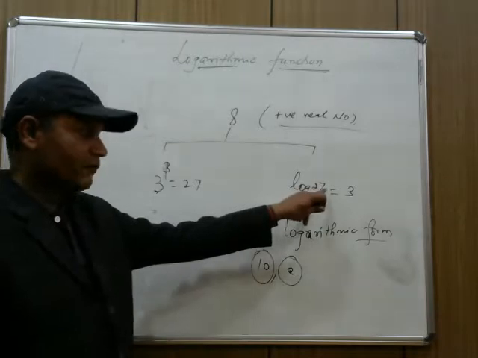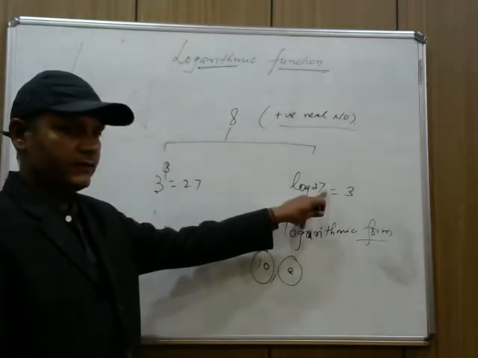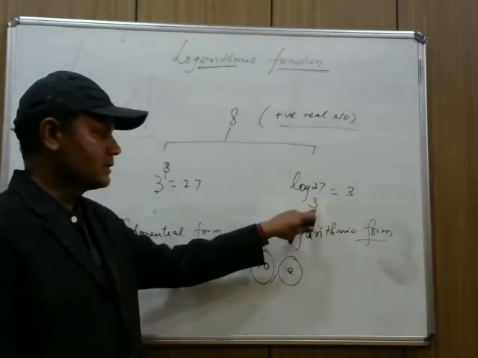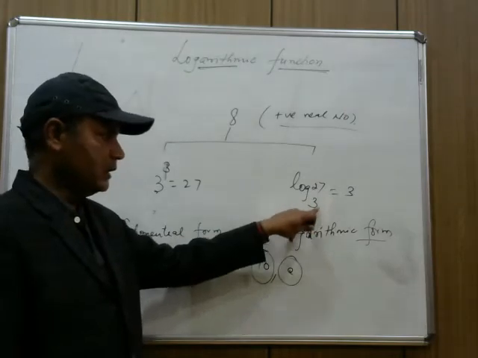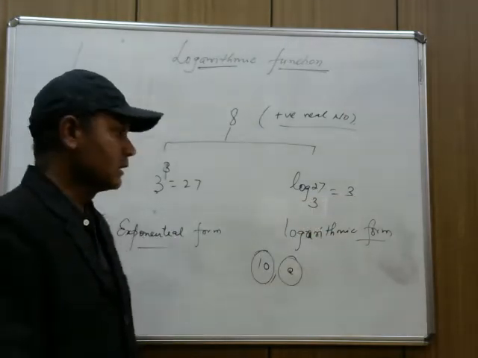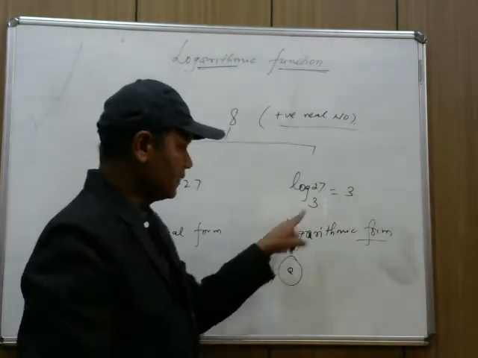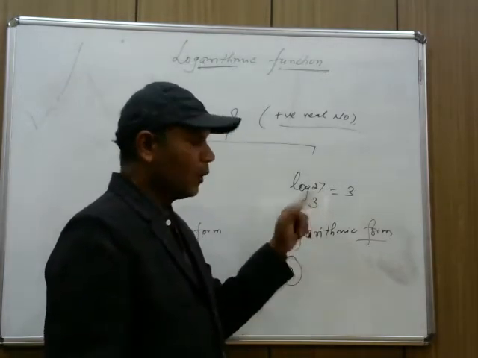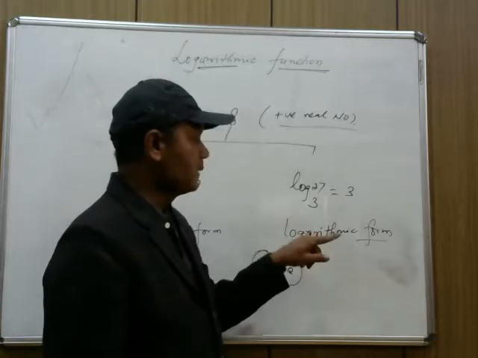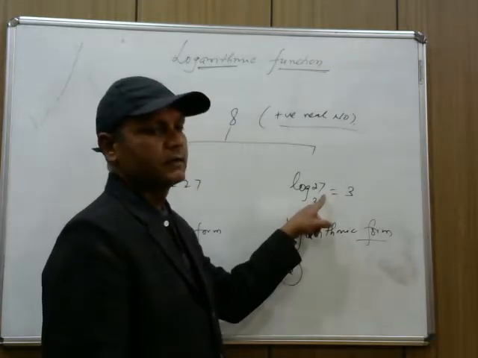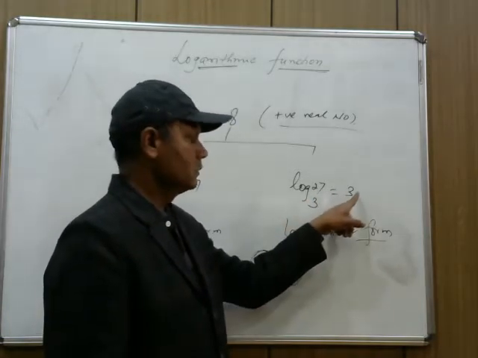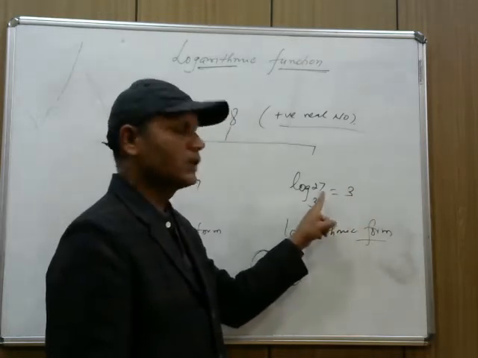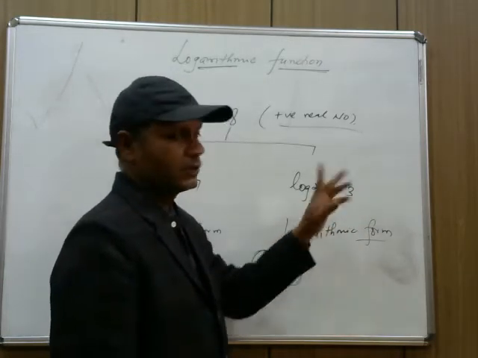That means 3 multiplied 3 times gives you 27.